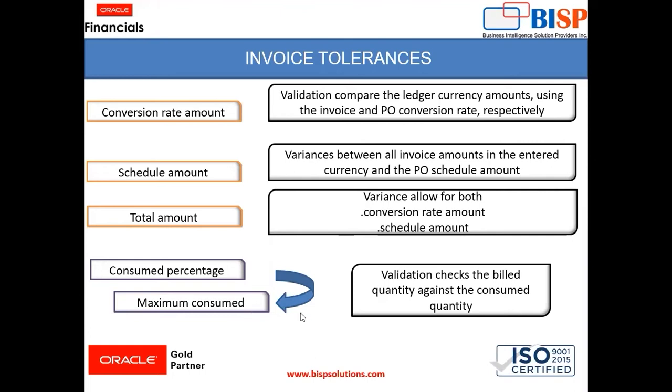In this, validation checks the billed quantity against the consumed quantity. Consumed percentage gives the difference in percentage form and maximum consumed gives the difference in quantity form. So these were all the types under the quantity based tolerance.